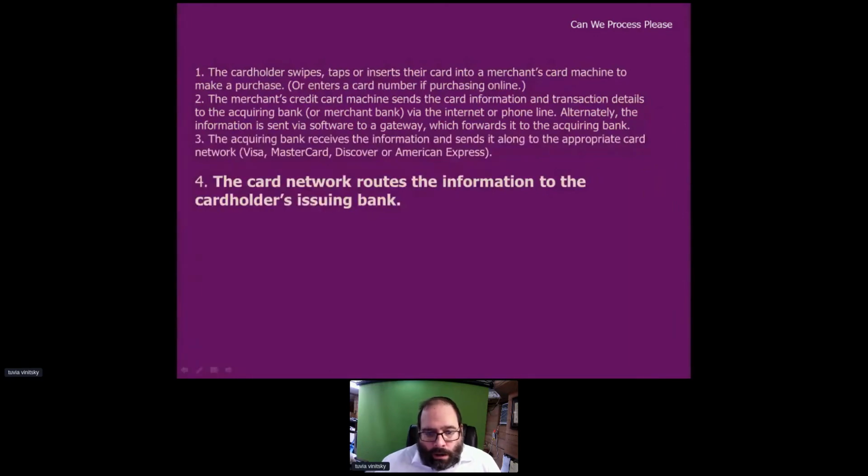The card network looks at that card number and routes the information to the cardholder's issuing bank. Part of the structure of the number of a credit card is within that number that identifies the bank that issued the card. So the acquiring bank takes all the information, puts it up on the network. The network finds the correct bank and sends it to it.